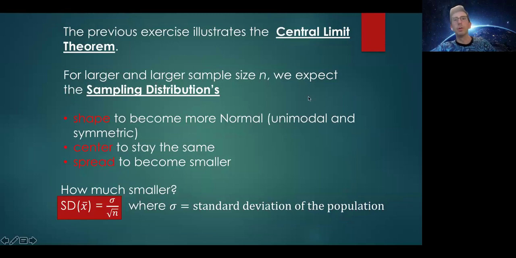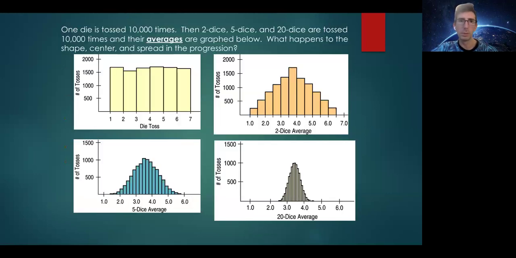So basically for larger and larger sample size n, we expect the sampling distribution's shape to become more normal, more unimodal and symmetric. The center will stay the same and the spread will become smaller. So this was important too. The average here never changes. It's still centered around 3.5 or so.